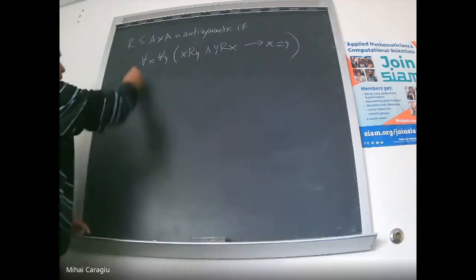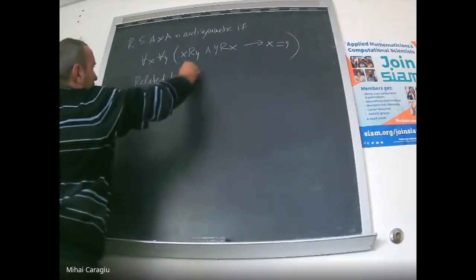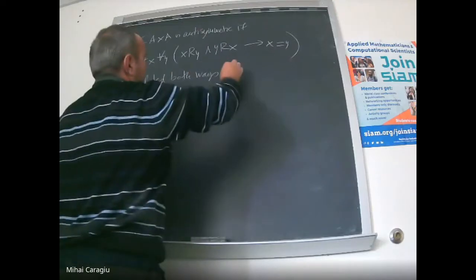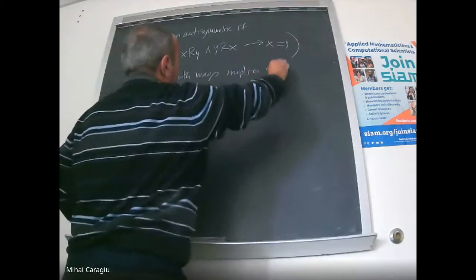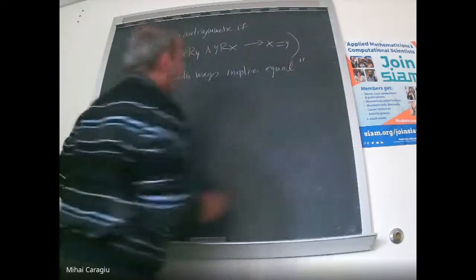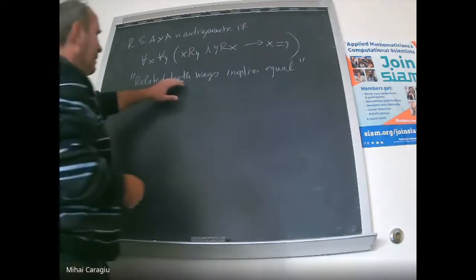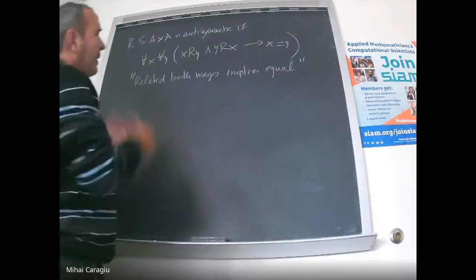So in other words, related both ways implies equal. So a relation is antisymmetric whenever two elements are related both ways, it follows that they are equal.